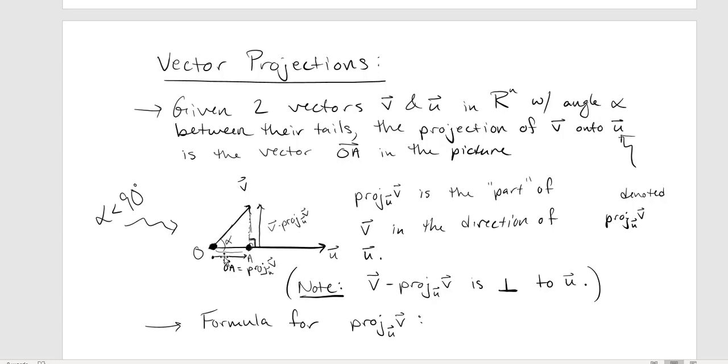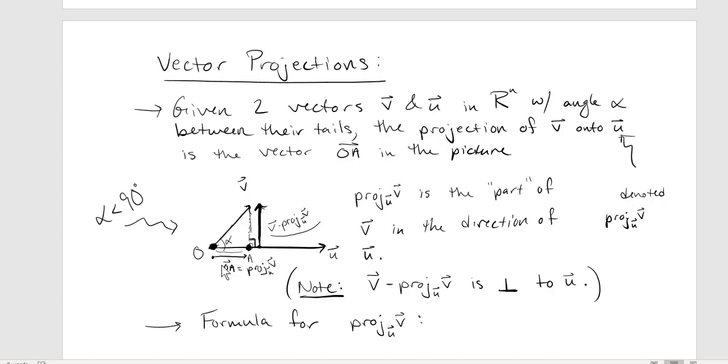Notice also from my picture that the other leg of this right triangle, this vector here, is just v minus the projection of v onto u.